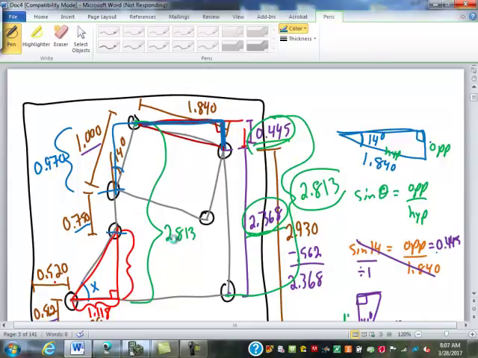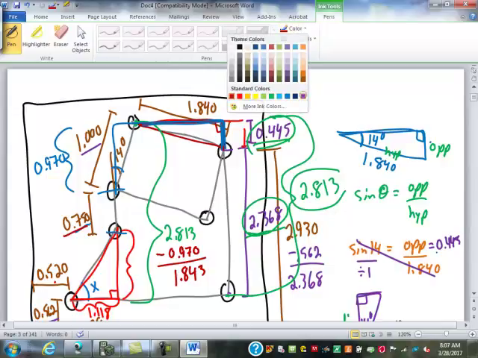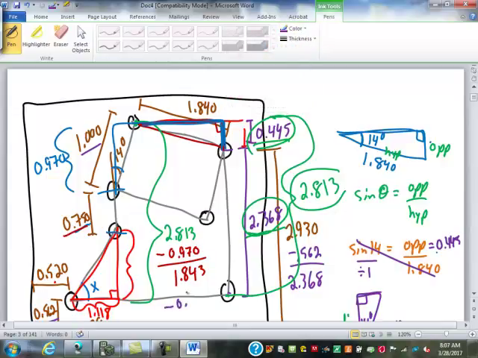So from my 2.813 here, I must subtract my 0.970. 1.843, and then I have to subtract my 0.750. 1.093 is what I get. So this is 1.093.